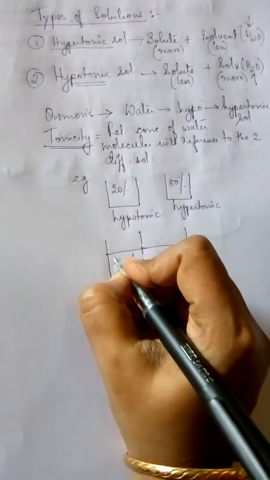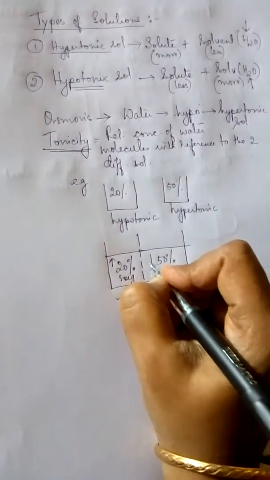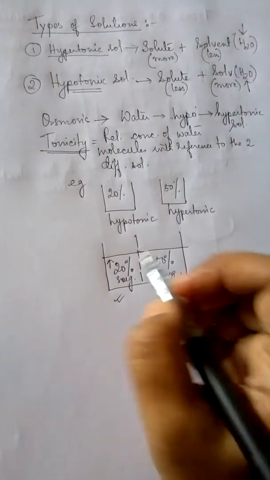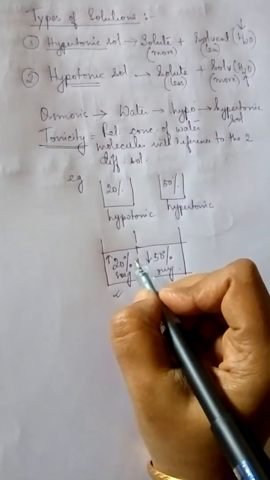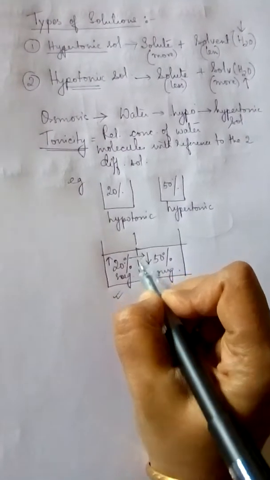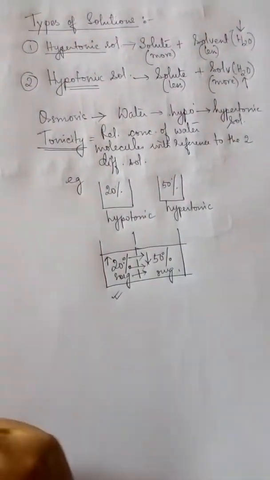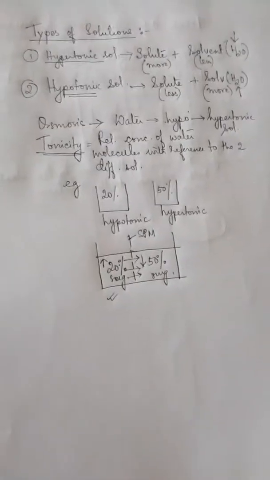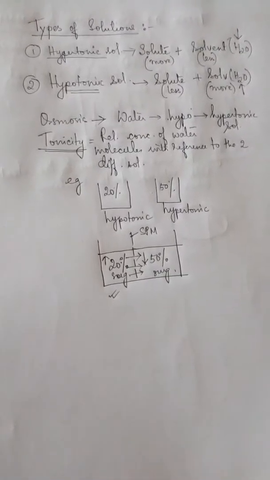So over here the water potential is more, over here the water potential is less. So osmosis will happen, where water will travel from this chamber to this chamber through the semipermeable membrane. Always remember, osmosis takes place across a semipermeable membrane. You require a semipermeable membrane for the process of osmosis.